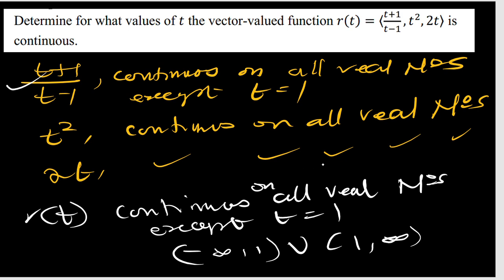Let's look at the next question. For this question, our vector function is defined as tan t, absolute t plus 3, and then 1 over t minus 2. Tan t is a special case, so I'll deal with that later. So let's look at the last two, and then later on we'll look at the tan t.